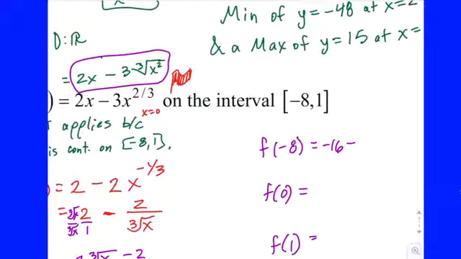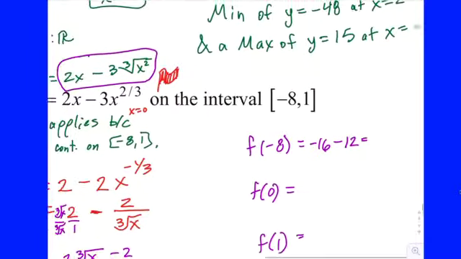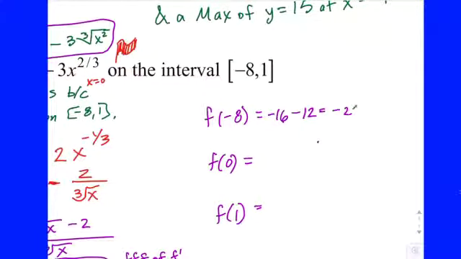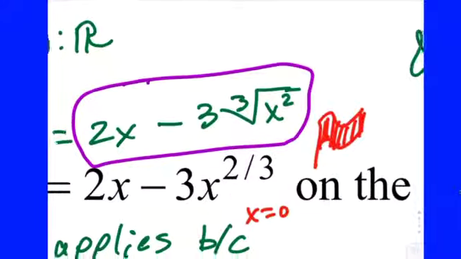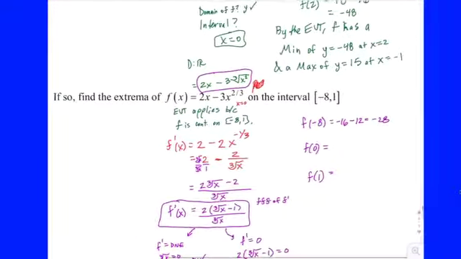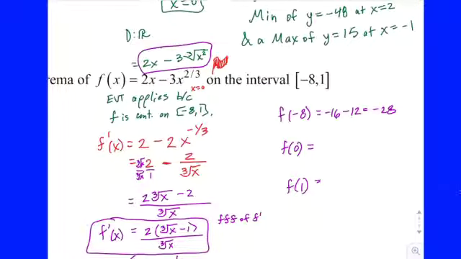Try to go small before you go big. And then positive 4 times 3 is 12. So I end up with a negative 28 there. Okay, so plug in carefully. Write it as a radical if you need to. Now what do you get when you plug in a 0? 0 minus 0 is 0. All right, so f of 0, the critical value, just stole the absolute max from negative 28.